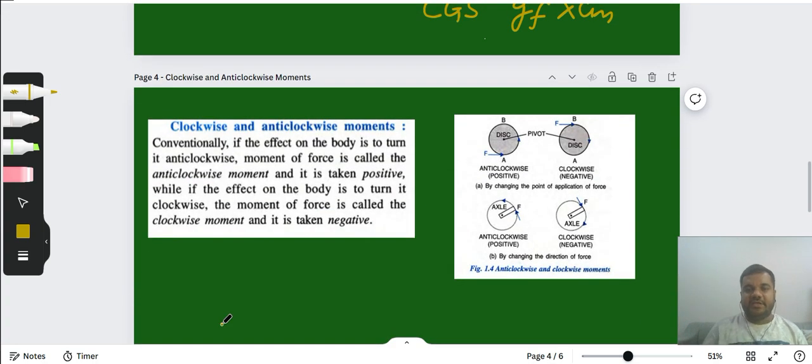Now the direction of the moment M. We have two directions: one is anti-clockwise and one is clockwise. In the first figure, figure A, the force F acts toward the right side, so it will tend to rotate the body in the anti-clockwise direction.